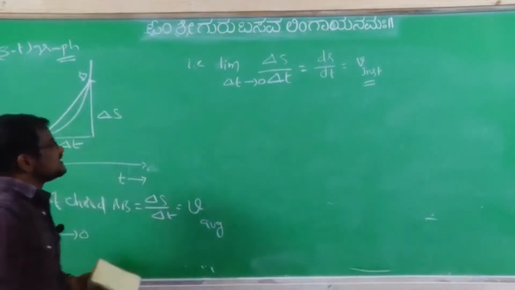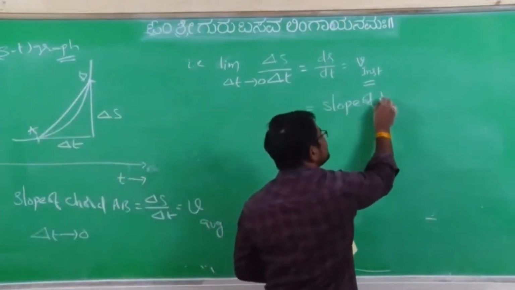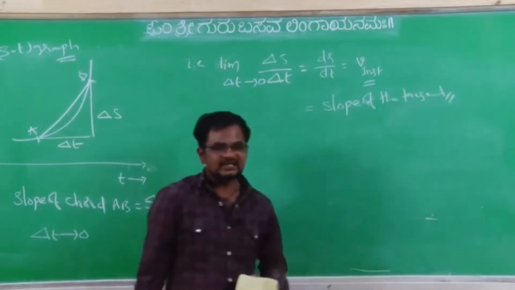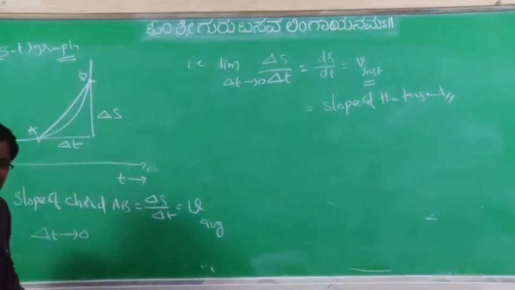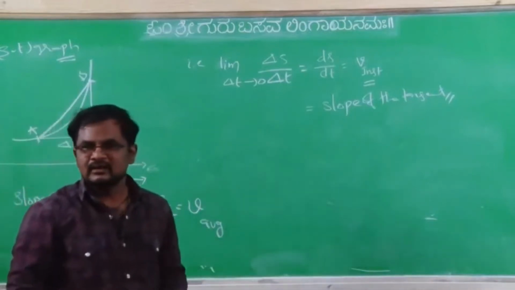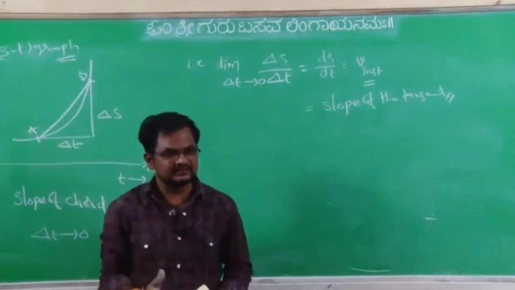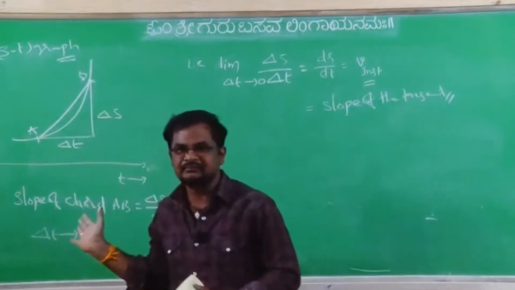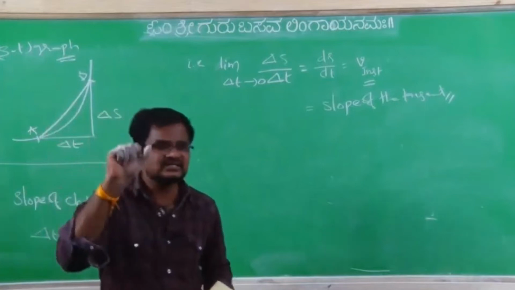This is nothing but the slope of the tangent: ds by dt means whenever delta t approaches 0, here you get a unit tangent. Here also, the slope of the curve is nothing but the average velocity. Their average rate of change, here average velocity in terms of physics, and the slope of the tangent is nothing but the instantaneous velocity.